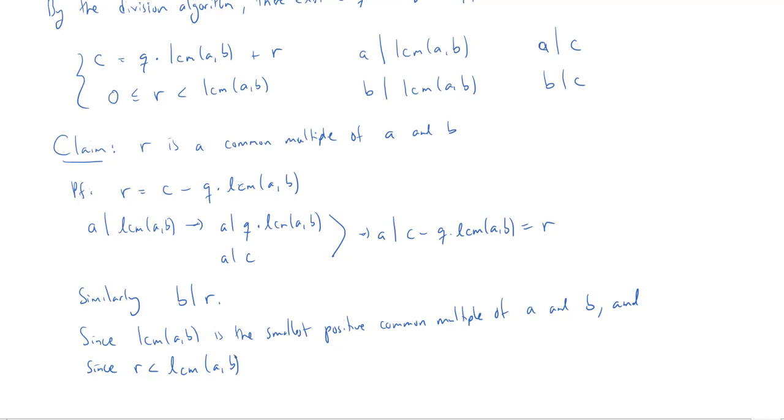That's coming from the division algorithm. We conclude r equals 0. It's the only way out. r can't be a positive number. So thus, c equals q times the least common multiple of a and b. Hey, that exactly means that the least common multiple of a and b divides c, or c is a multiple of the least common multiple. There we go. That finishes the proof.